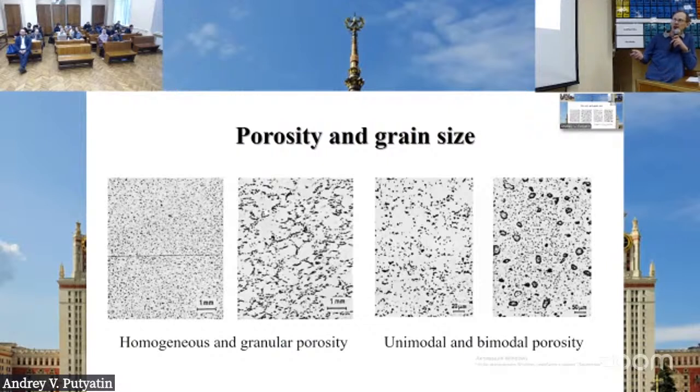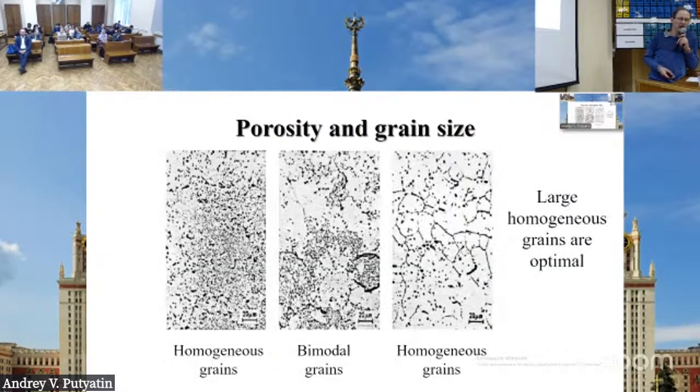We can have pores which are highly heterogeneously distributed. We can have pores which are unimodal, so they're characterized by a small, tight size distribution. But if we deviate from the optimal procedure of fuel preparation, we can have bimodal porosity, when you have smaller and larger pores. And of course, they behave differently.